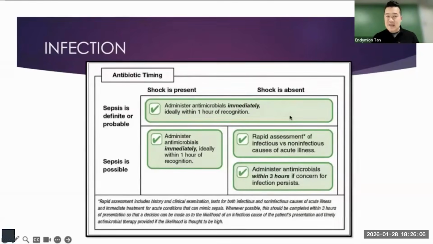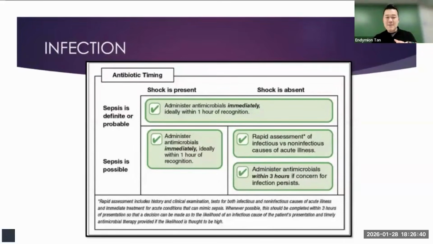If shock is absent, so sepsis without shock, we go to this column of the algorithm. You do a rapid assessment of infectious versus non-infectious causes of this acute illness, this acute dysregulated host immune response. If you think this might still be because of an infection, you have the first 3 hours to administer these antimicrobials. So again, you have to remember whether this patient is really having sepsis or not.